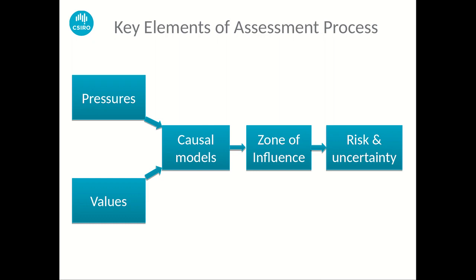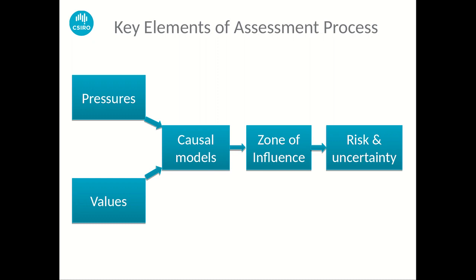We're combining that information in causal models that describe the relationship between the ecosystem components and the things that we care about, that we value, and the pressures that are acting on them. What the causal models do is they describe the pathways that the pressures can act through the system and the potential outcomes of what those pressures are, both singularly and also in combination.